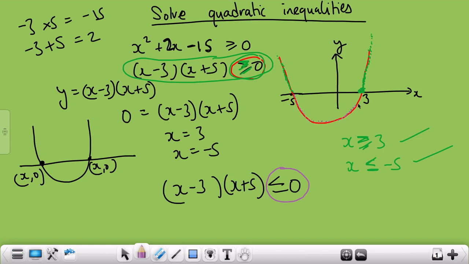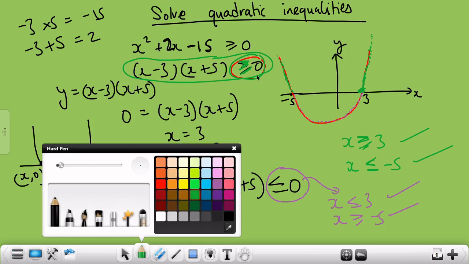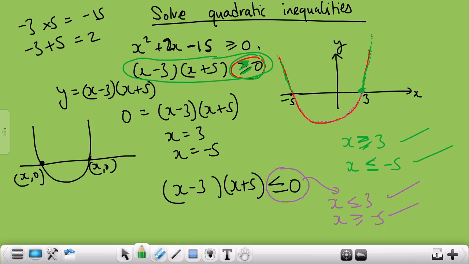And all these coordinates here lie between -5 and 3. So in that case, x would be less than or equal to 3, but bigger than or equal to -5. So the answer for this would be this, but the answer for this one, well, we started off with this one, didn't we? Would be this over here.